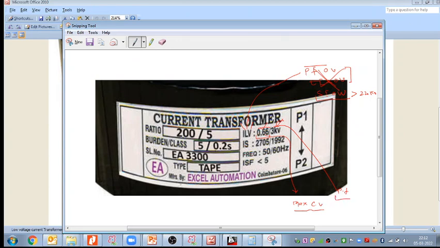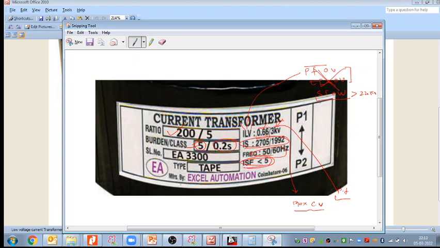Now it is fine, right? Okay, IS is the Indian Standard 2705, frequency 50 we can apply. We discussed the metering CT calculations, and the selection based on the applications.